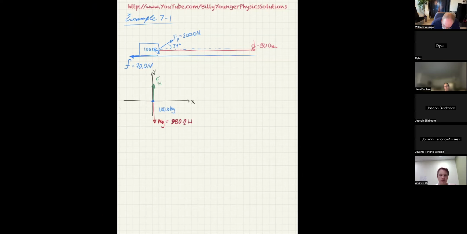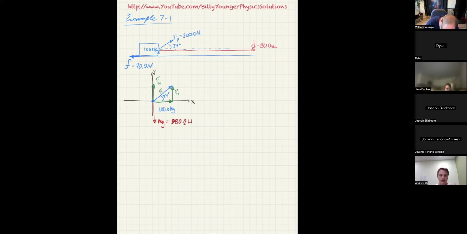Okay. Now I also have acting on it a force that's not along any coordinate axis. So I'm going to draw that as blue and call this angle right here 37 degrees. Now, what that gets me is the ability to draw an x component, which points in the positive direction, and a y component, which also points in the positive direction.